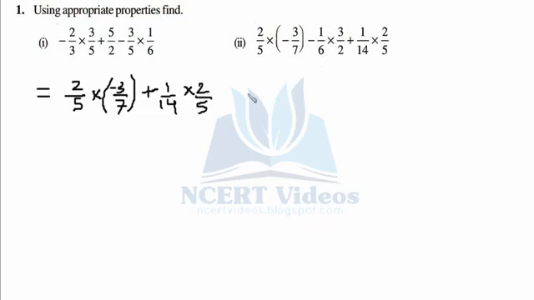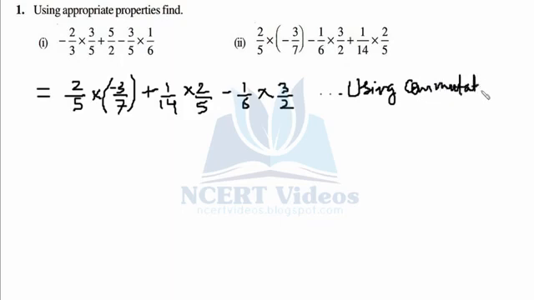Easily we are left with this thing, that is negative of 1 over 6 getting multiplied with 3 over 2. So we have written the same expression, we just commuted it. So you can write using commutative property of rational numbers. This you can write.